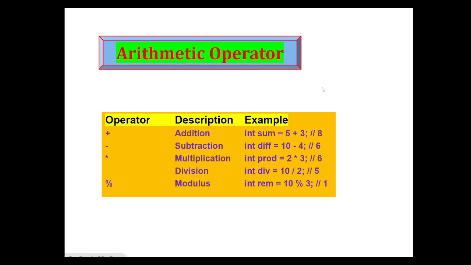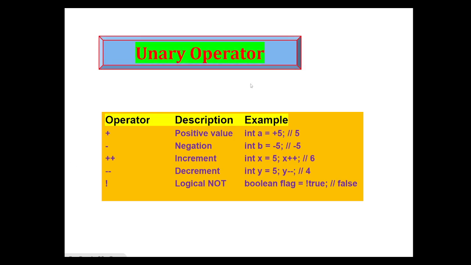The first one is the arithmetic operator. We can see these are the different operators we can use: addition, subtraction, multiplication, division and modulus, and these are some examples for each operator. Basically, we can perform basic mathematical operations using the arithmetic operators. Next is the unary operator.